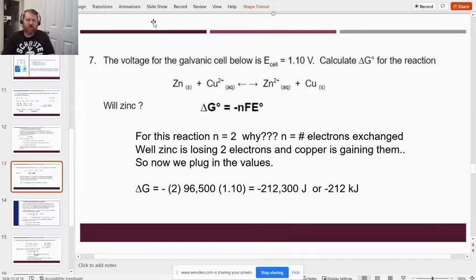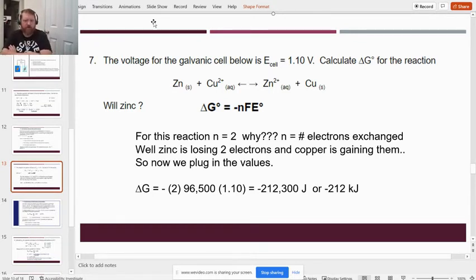For this reaction, n is equal to 2. Well, why? n is the number of electrons being exchanged. If you dive into that reaction, zinc is becoming zinc 2+, so it's losing 2 electrons. And copper 2+ is becoming copper, it's gaining 2 electrons. So there are 2 electrons exchanging. So n is 2, the number of electrons.